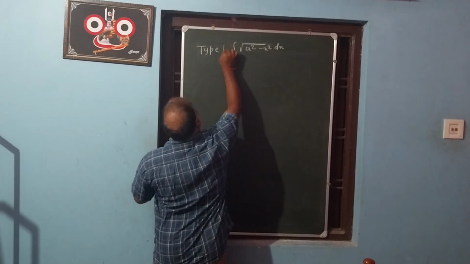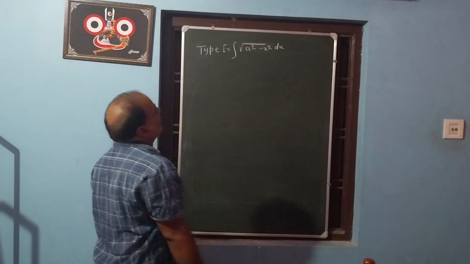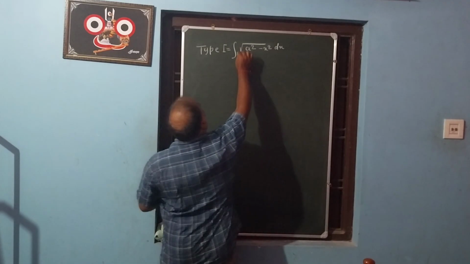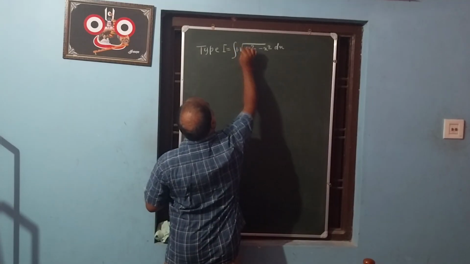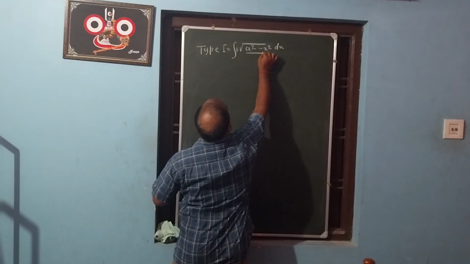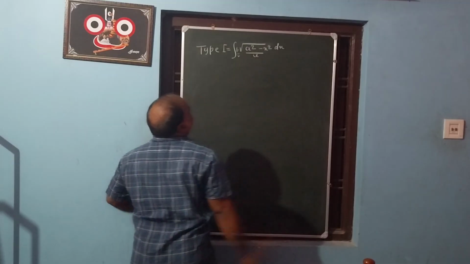Let this be I. This is one type. It is the product of 1 and this, so you choose this as the first function u and 1 as the second function v.